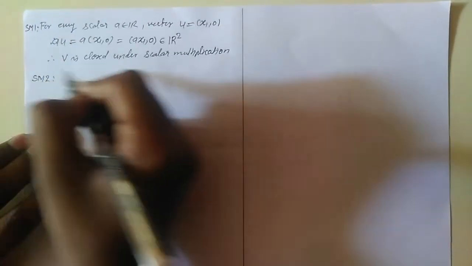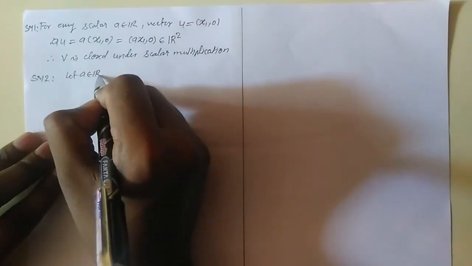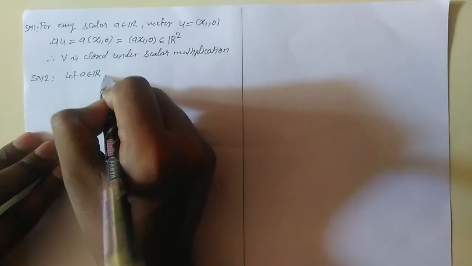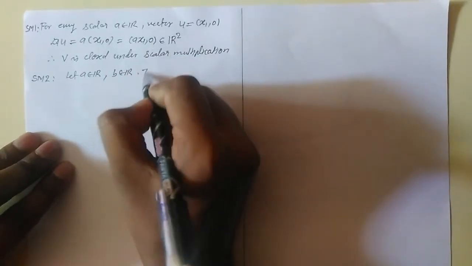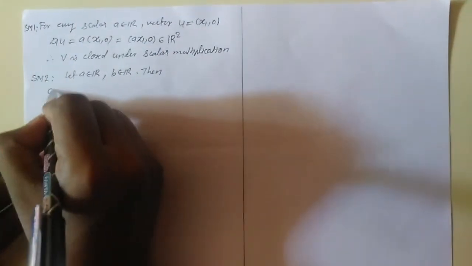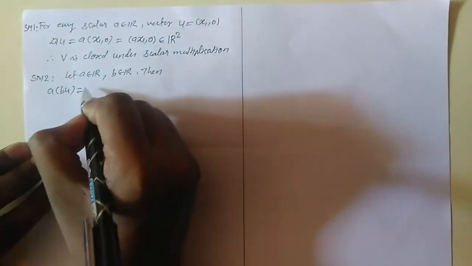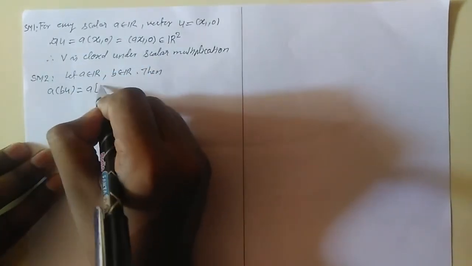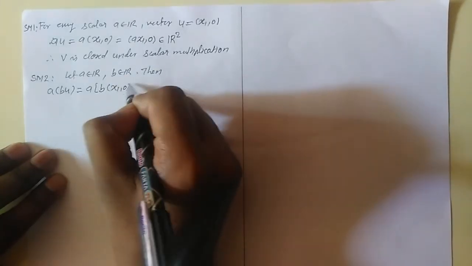SM2. Let a belong to R and b belong to R. Then (ab)u = (ab)(x1, 0).